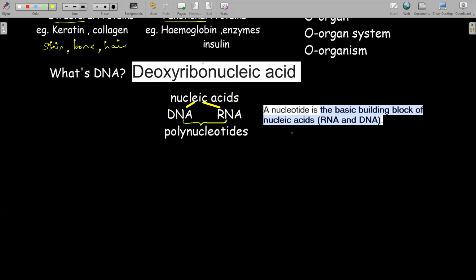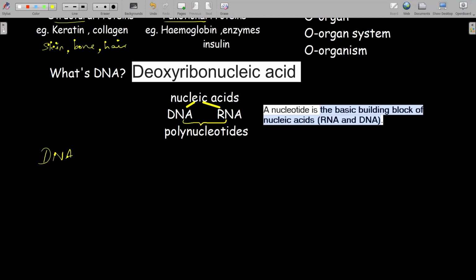To make DNA, we need some raw materials, and those raw materials are the nucleotides.